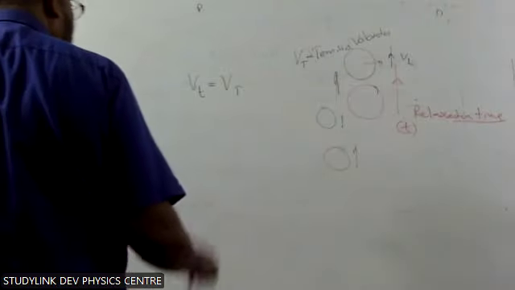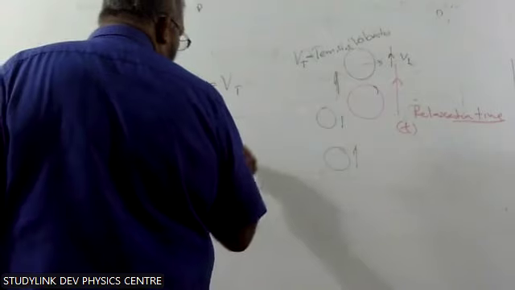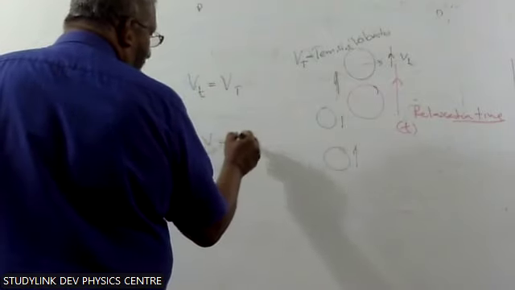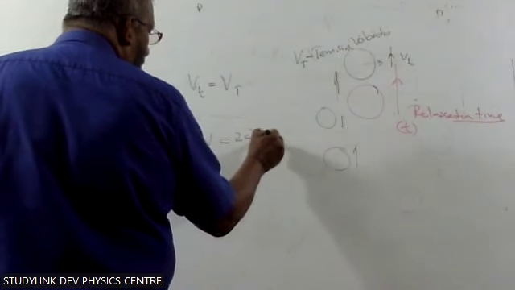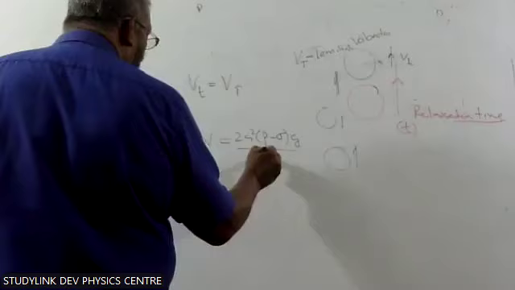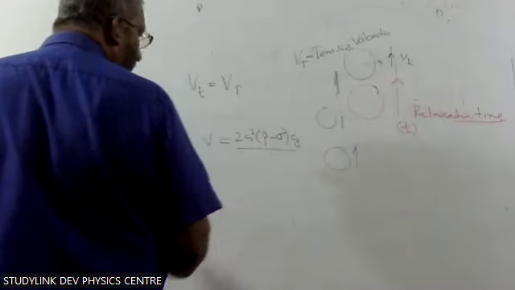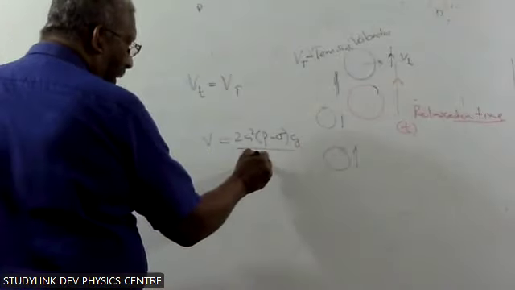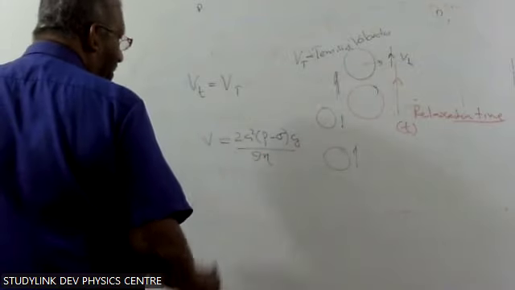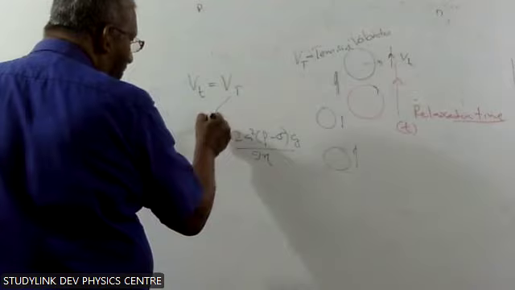That is terminal velocity. We calculate it from V is equal to 2a squared (rho minus sigma) g over 9 eta, from this equation. Vt can be found.